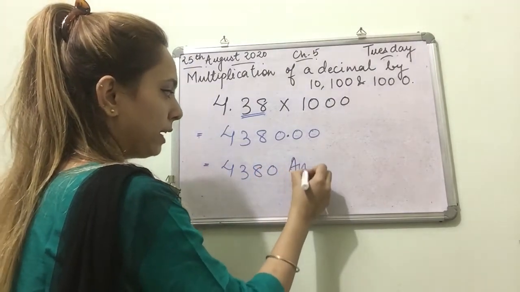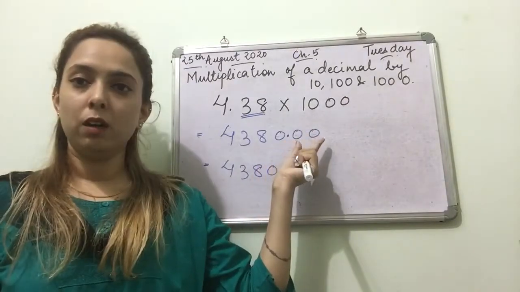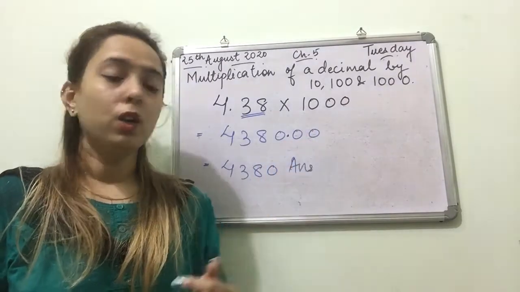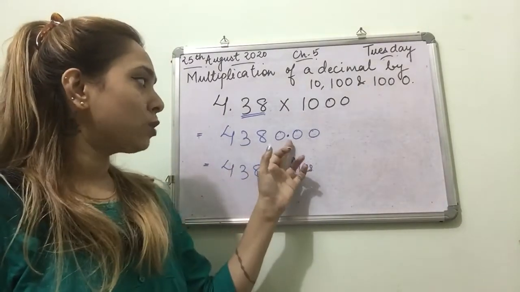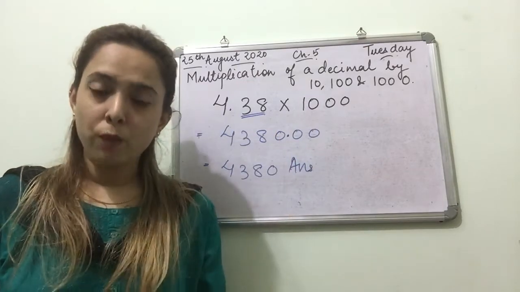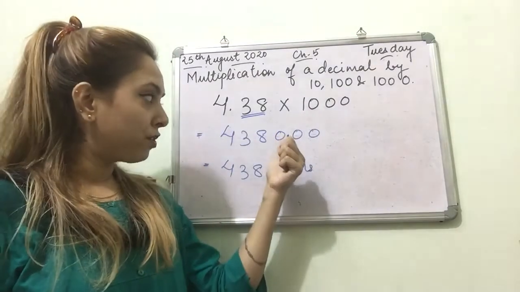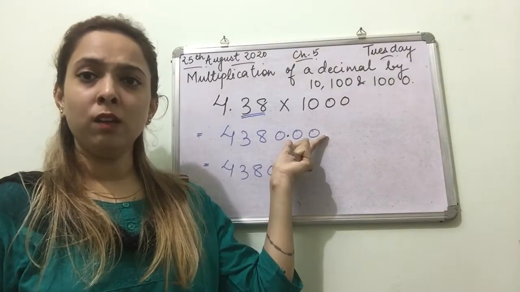4,380.00 as decimal. After the decimal we have two zeros. These two zeros have no value. In every case when there are zeros after the decimal, the decimal and these zeros don't have any value.